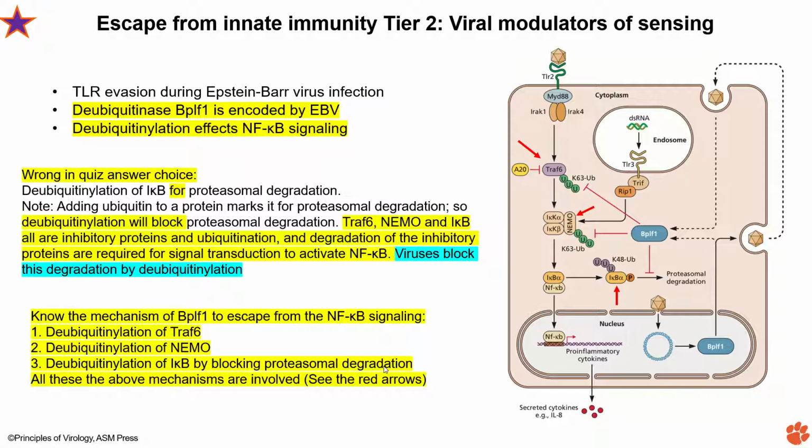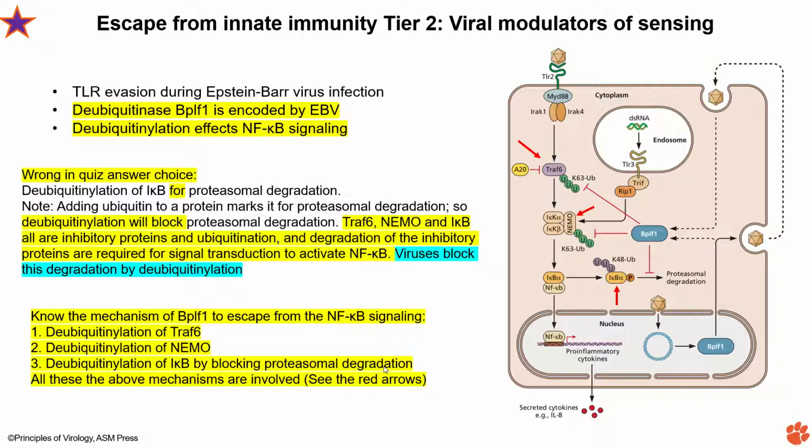So again, remember that BPLF1 is deubiquitinating, or removing the ubiquitination from, all of the proteins, of course TRAF6, NEMO, as well as I kappa B. But when they remove the ubiquitins, the proteins are going to stay there as inhibitory proteins and the pathway will not operate.